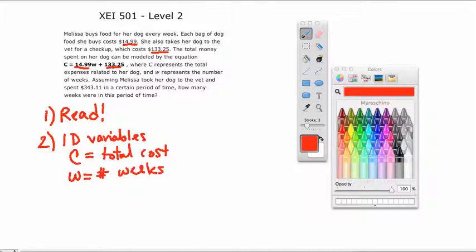Step 3, we need to look at what variable we know. In this case, it tells us that she spent $343.